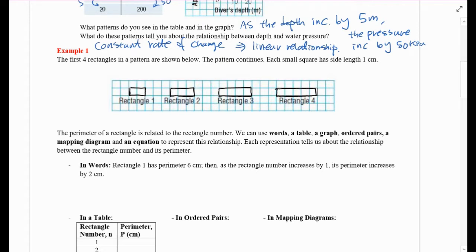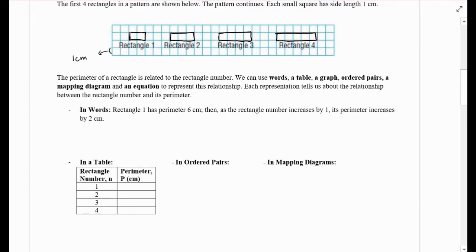Okay, and 1 unit is 1 centimeter. The perimeter of a rectangle is related to the rectangle number. We can use words, a table, a graph, ordered pairs, a mapping diagram, and an equation to represent this relationship. So let's do it together.